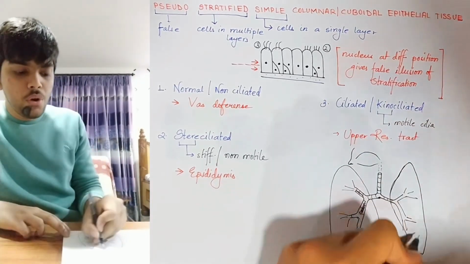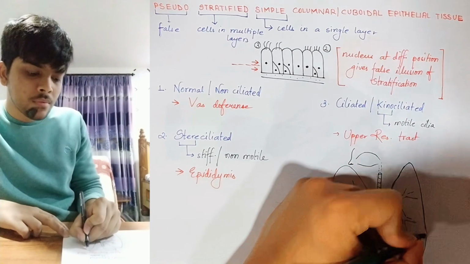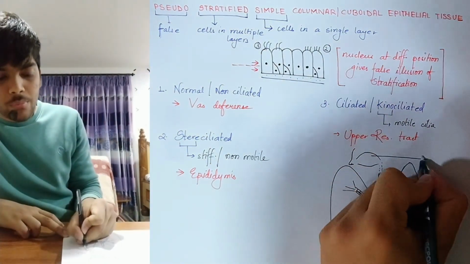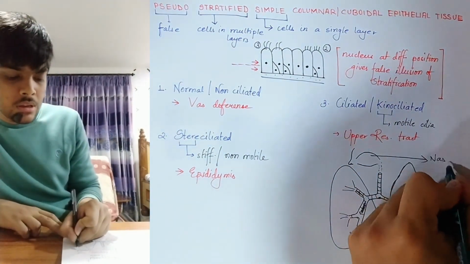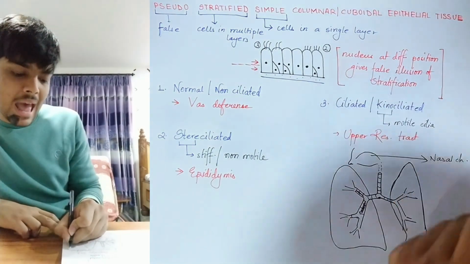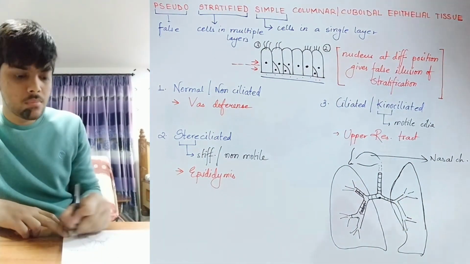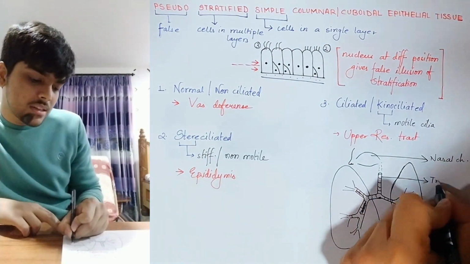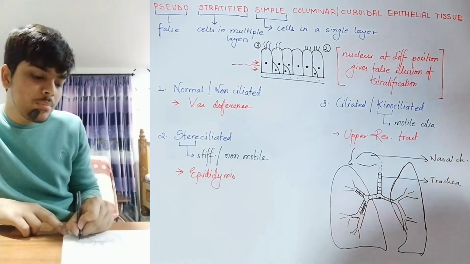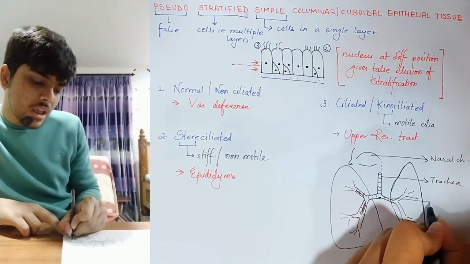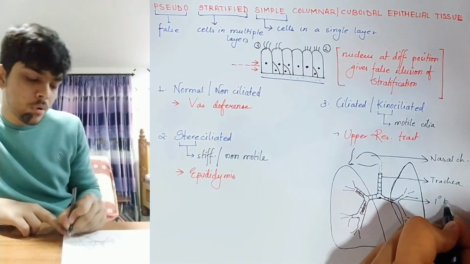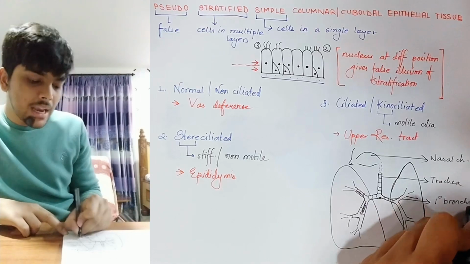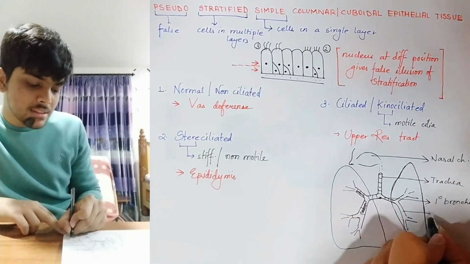Okay, so your nasal chamber has this epithelium. Your trachea has this epithelium. Your primary bronchi has your epithelium, bronchus for singular. Your secondary bronchus has this epithelium.